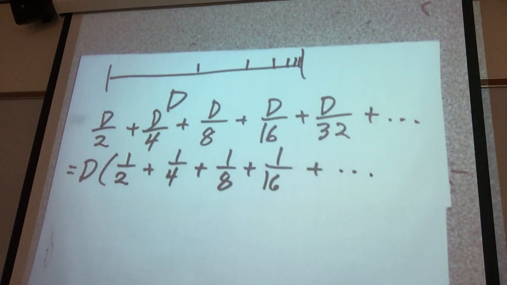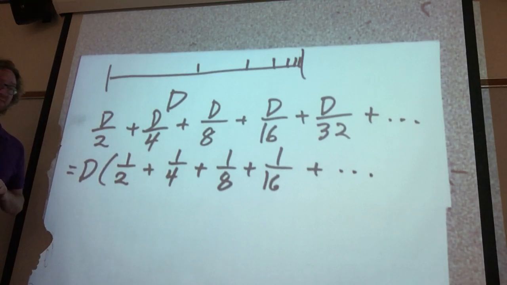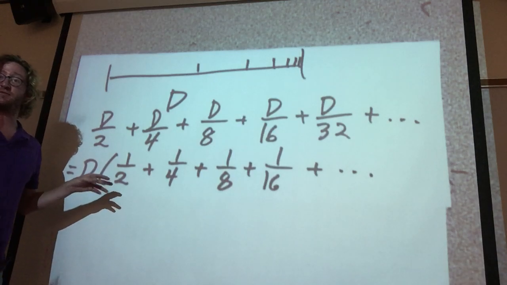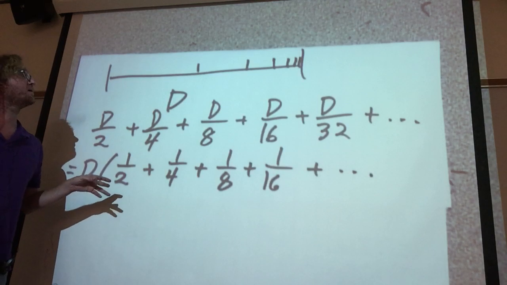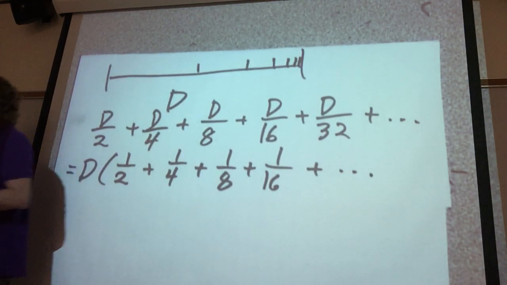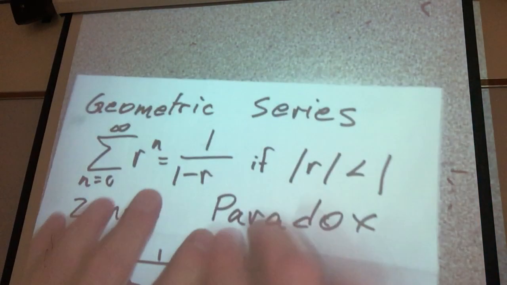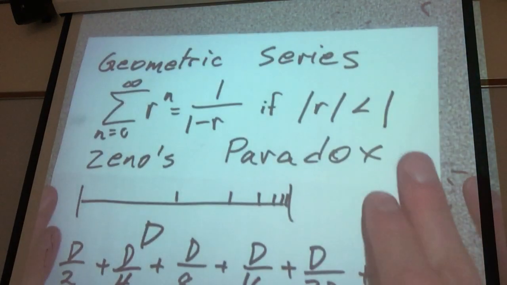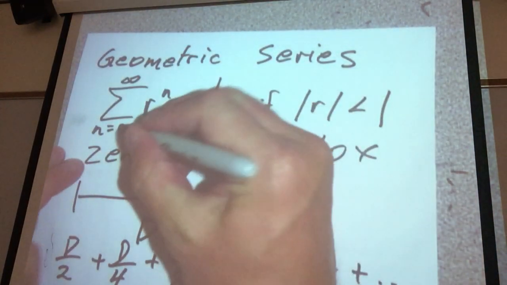Now I want to use the formula for geometric series for this one. But I've got a problem. This one is actually starting at 1/2. This is where it's really important to pay attention to your indices. So the exact definition of the geometric series, it's really important to pay attention to that n which equals 0 right there.